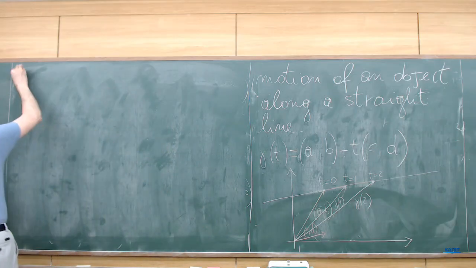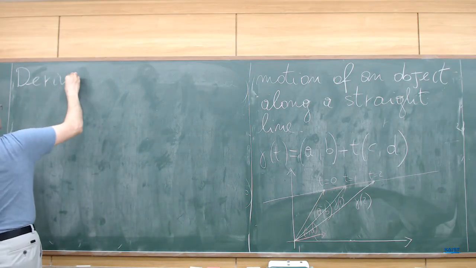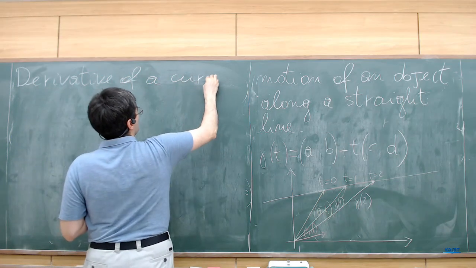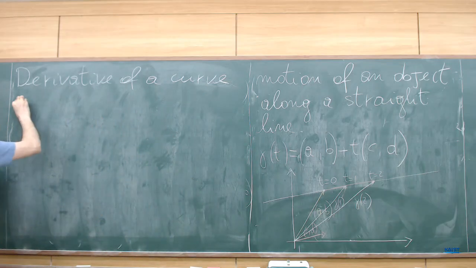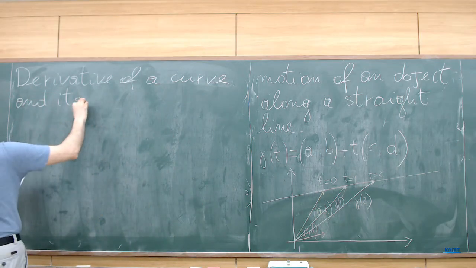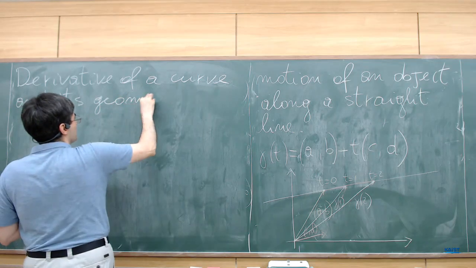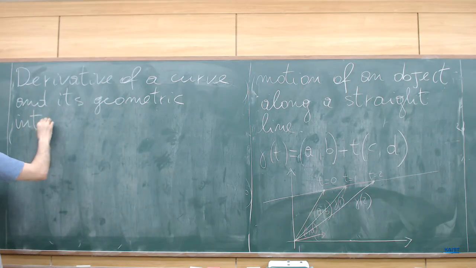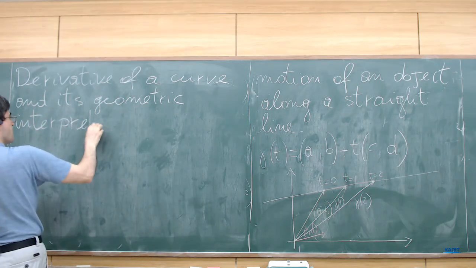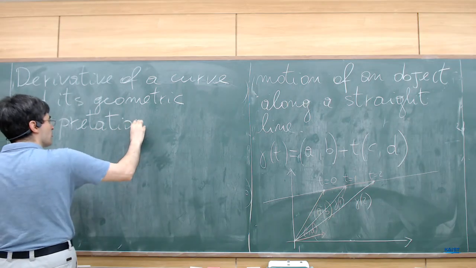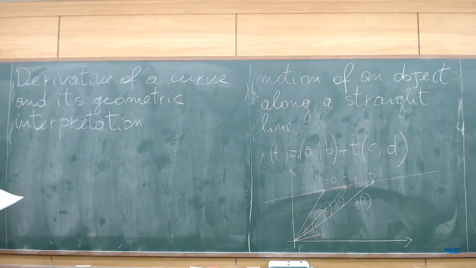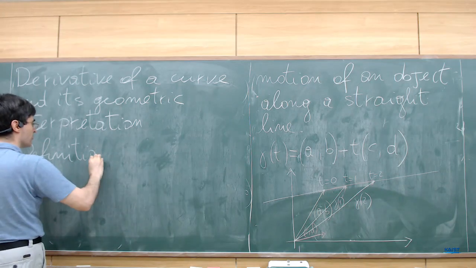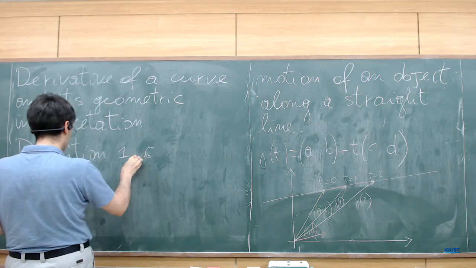So, derivative of a curve and its geometric interpretation. So, definition 1.6.